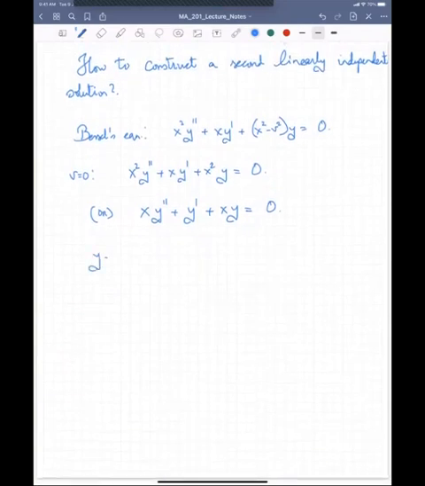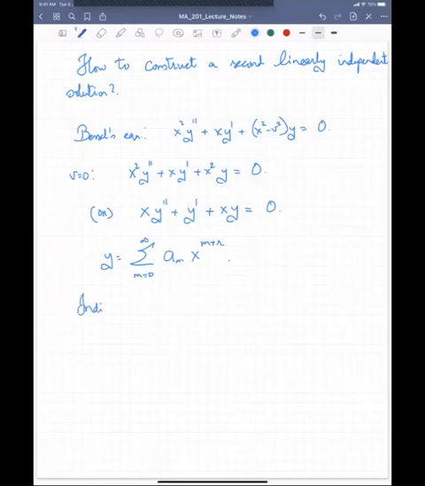Again, I'll try a Frobenius method. I'll try y equals the sum of a m x to the m plus r. Now of course my indicial equation would be such that I get two roots, plus nu and minus nu, but since nu is equal to 0, my indicial equation will give me double roots. r equals 0, 0.